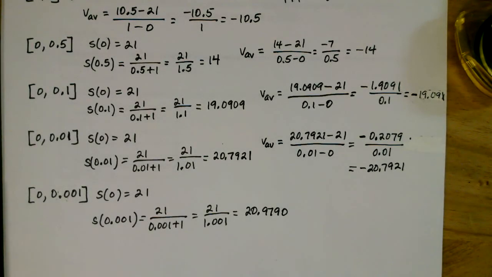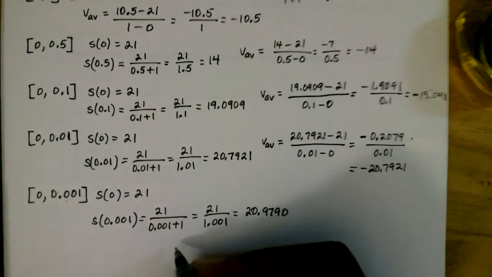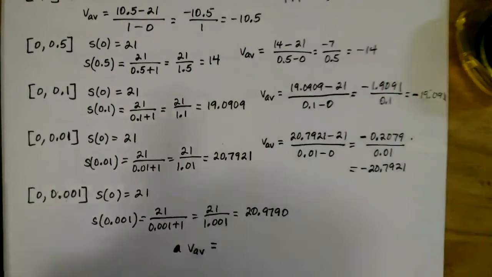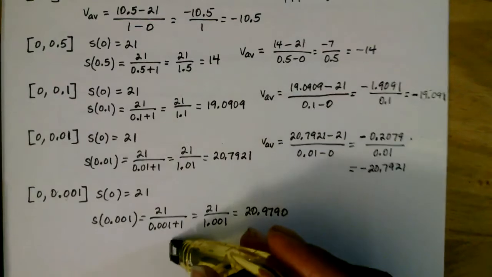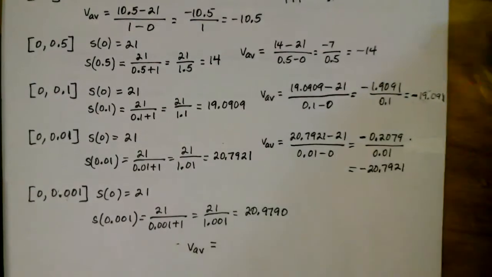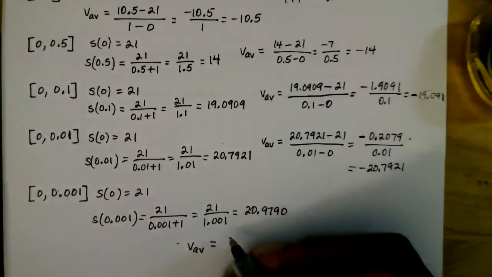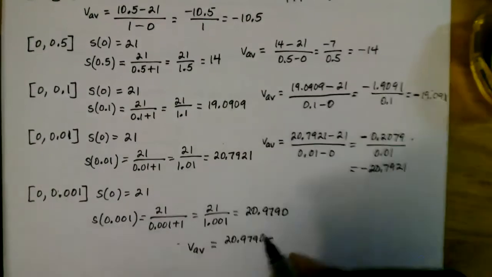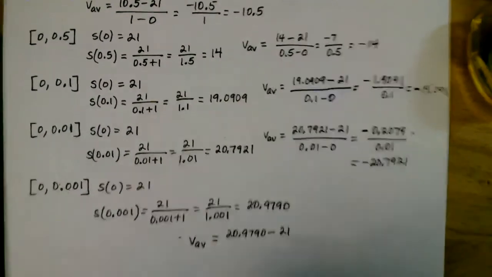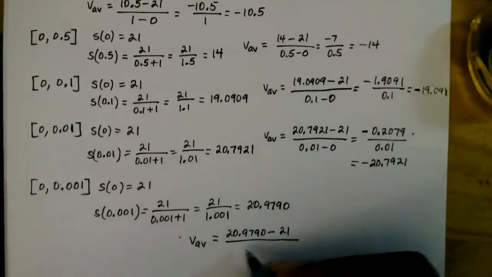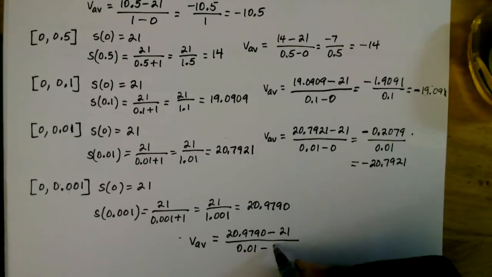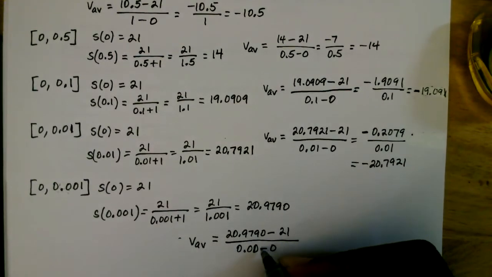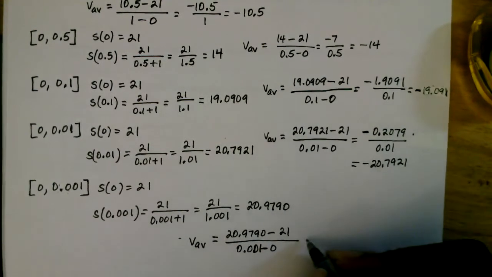And I'll stop right there. So here the average velocity will be that 20.9790 minus S of 0, that's 21, divided by 0.001 minus 0.